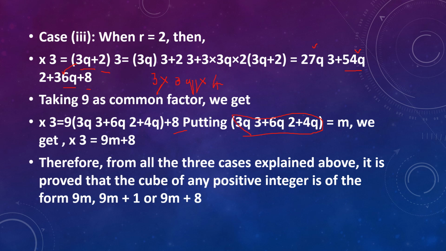We are going to assume the bracket as m, so x cube equals 9m plus 8. Therefore, from all the 3 cases explained above, it is proved that the cube of any positive integer is of the form 9m, 9m plus 1, or 9m plus 8.